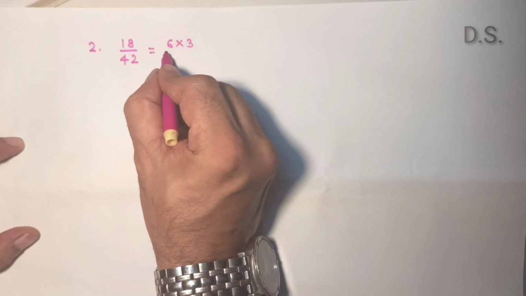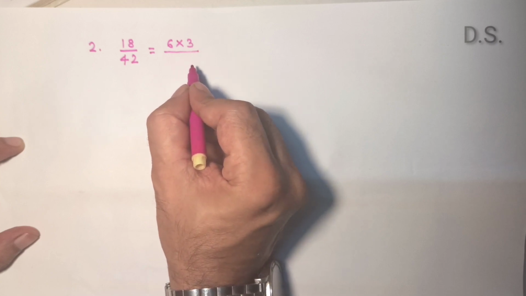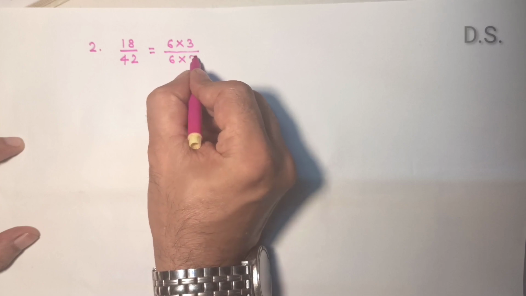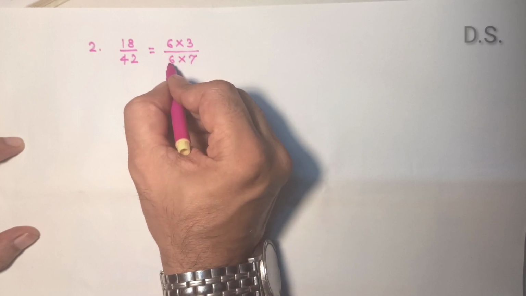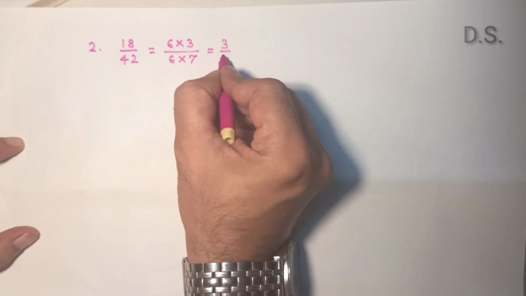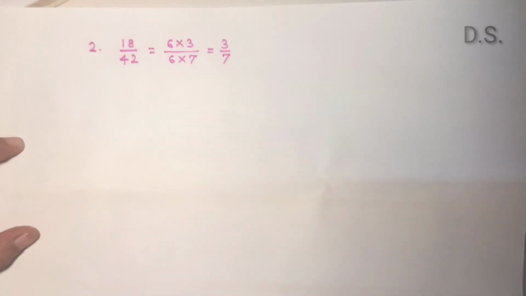So 18 can be written as 6 into 3, and 42 as 6 into 7. 6 gets cancelled, and we get 3/7. That means 18/42 is nothing but 3/7, the simplest form. So now I can divide 3 easily by 7.